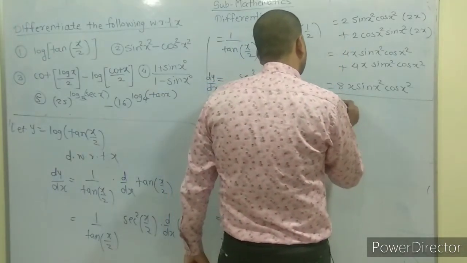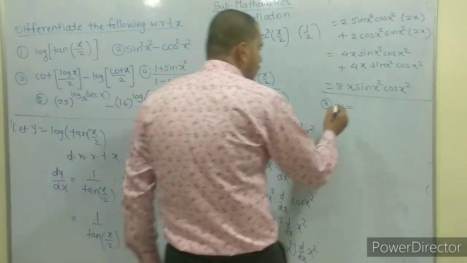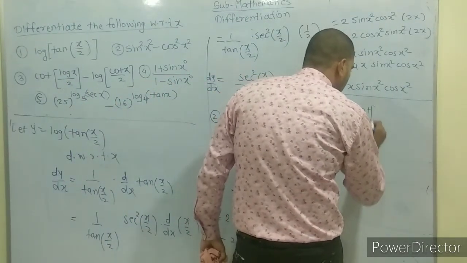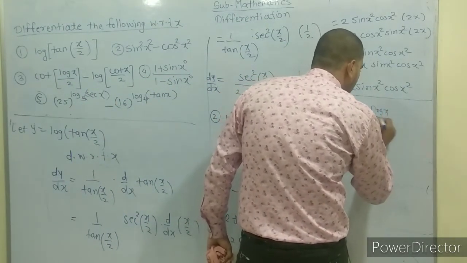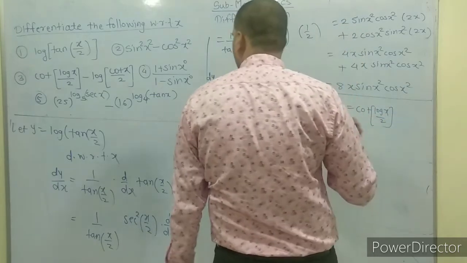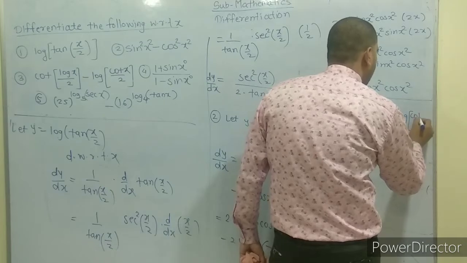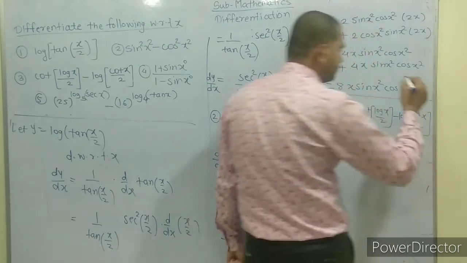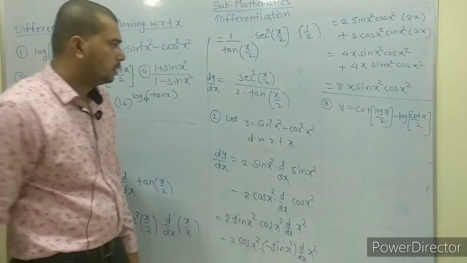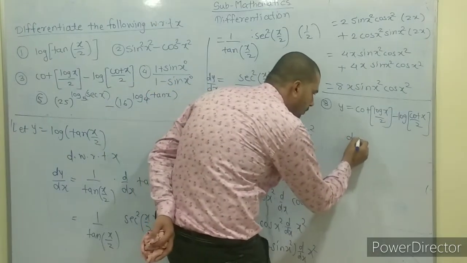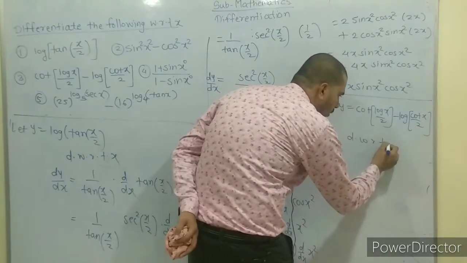y equal to, I give it the name y, cot log x upon 2 minus log cot x upon 2. Differentiating with respect to x.